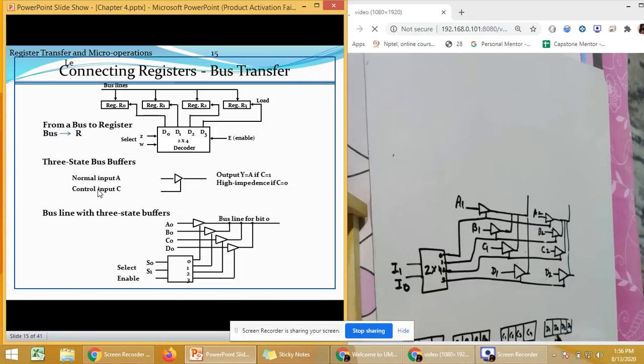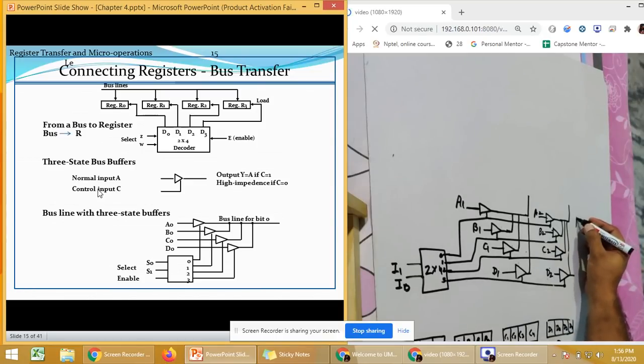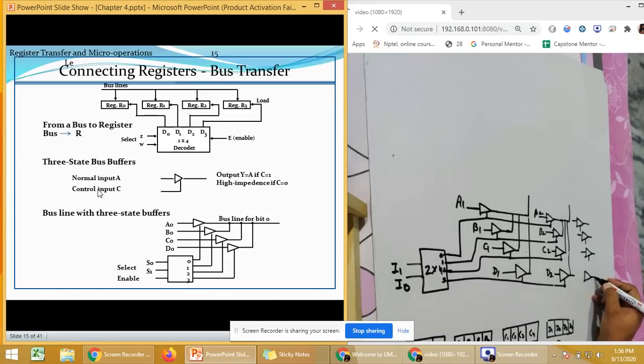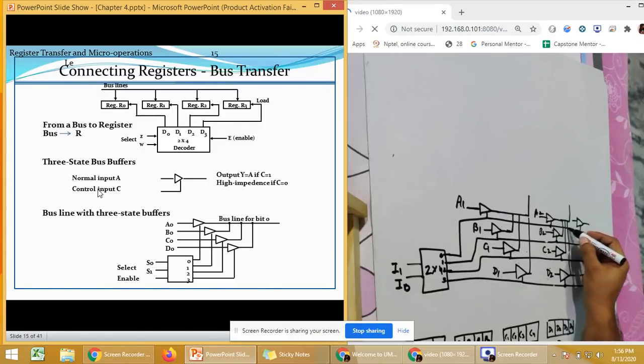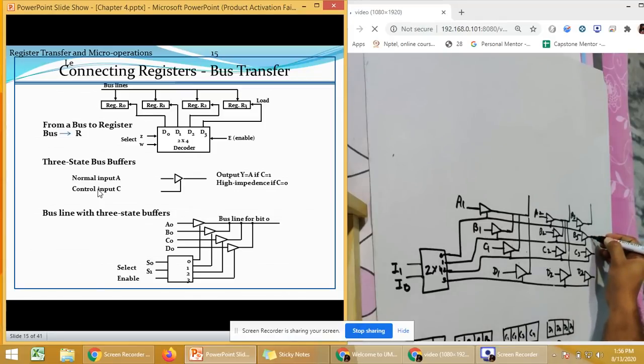So for all, we will be able to read the second bit. Similarly, we can do it for the third bit, if we want to read it. So here will be A3, B3, C3, D3, and there will be an output at this place.